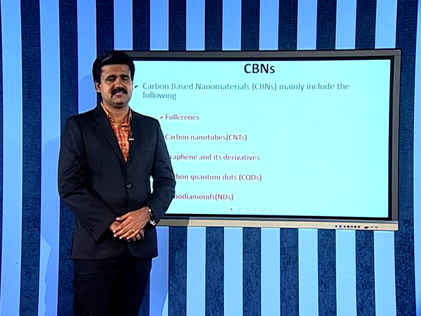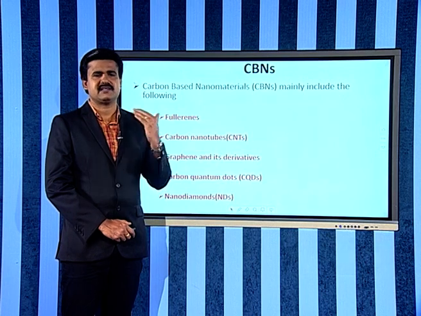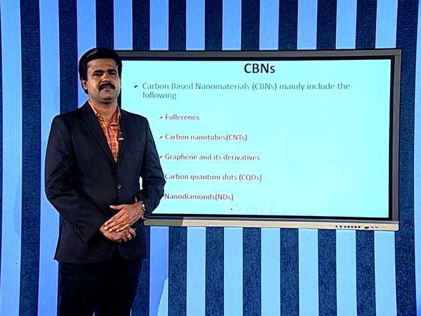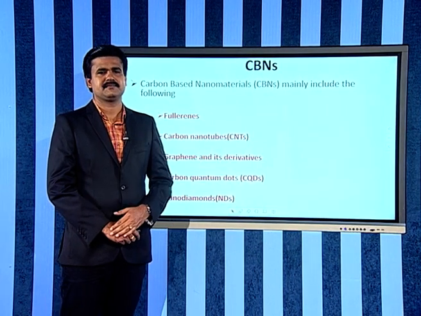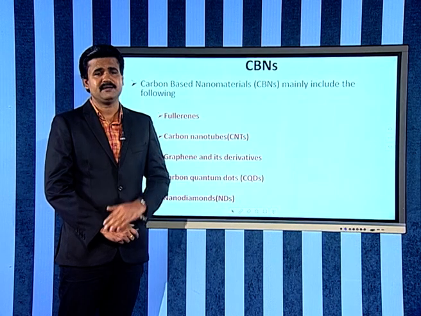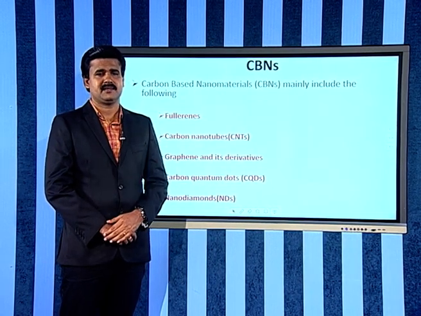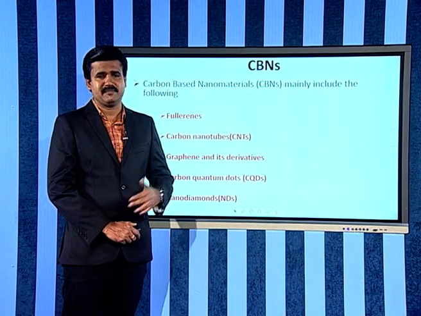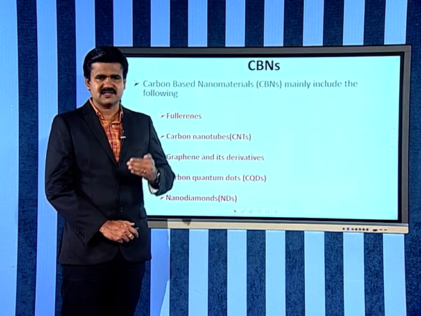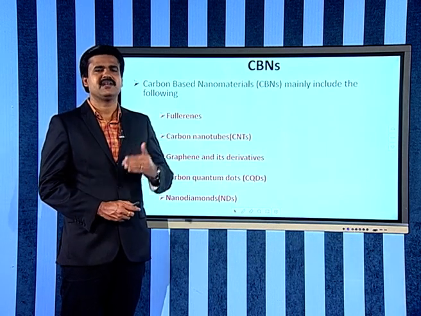Carbon-based nanomaterials mainly include the following types. They are fullerenes, carbon nanotubes, graphene and their derivatives like graphene oxide, carbon quantum dots or CQDs, and nano diamonds. This discussion mainly focuses on an overview of these types of nanomaterials.